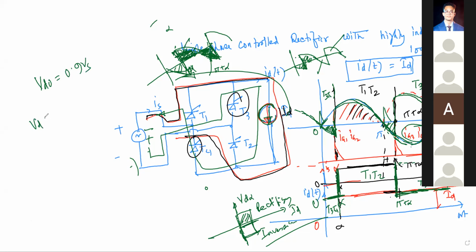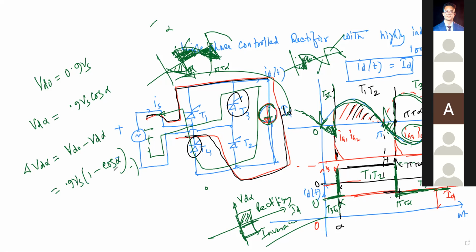And VD alpha, because of the inductor, we are getting 0.9 Vs cosine of alpha. So what is the voltage then we have lost? That is your VD0 minus VD alpha. That will be your 0.9 Vs times 1 minus cosine of alpha.